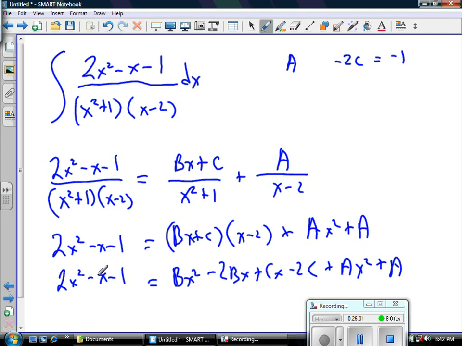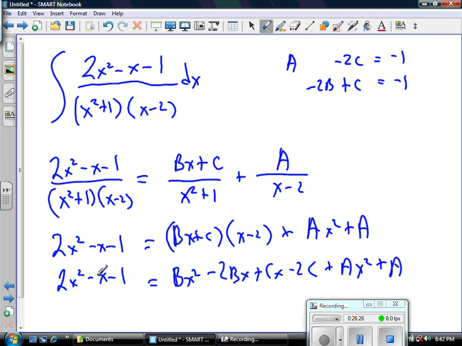How about the linear terms? Negative 1x, right? So negative 1 equals what? Where's the linear terms? Negative 2b plus c. Is there any other linear term? Anything else that says x? So I got negative 2b plus c, which equals negative 1.